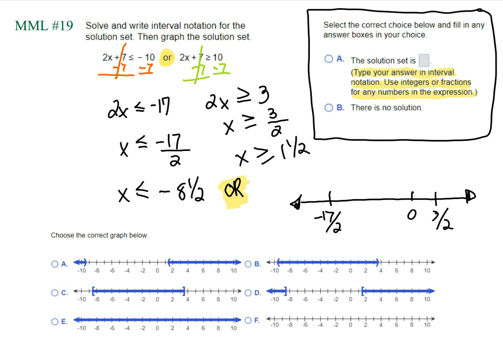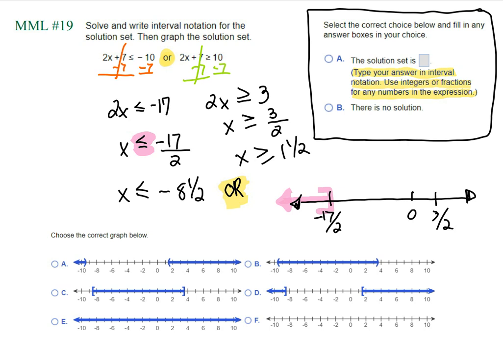And because, I'll use a highlighter on this, because we have a less than or equal to on that number, you are going to need a bracket because of the equal to, and then your arrow must be going towards negative infinity.